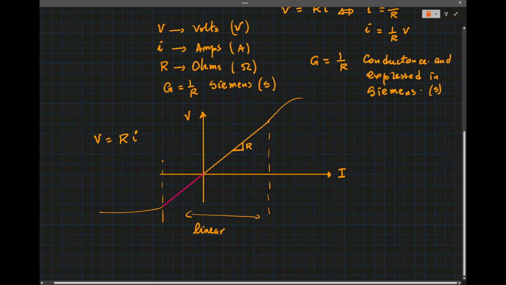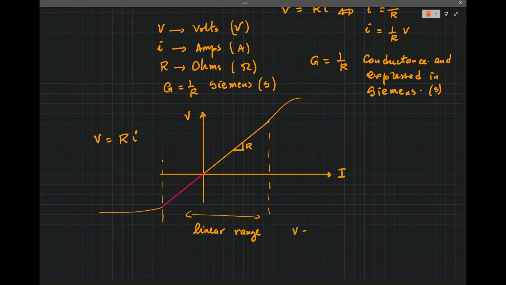For this linear range, we can write v equals R i, or i equals 1 over R times v, because we're operating in the range where this relationship is linear.